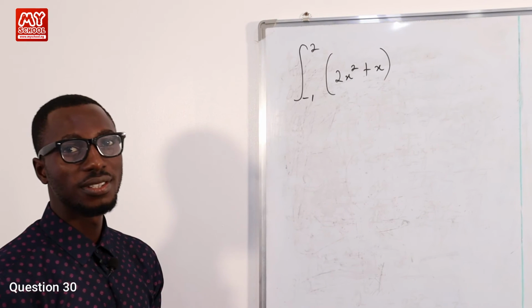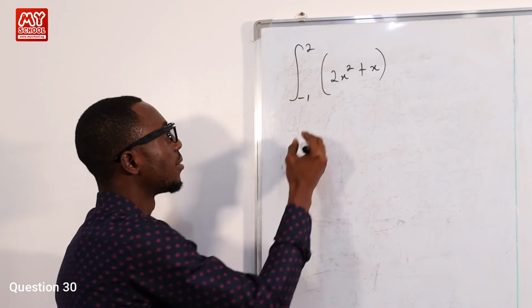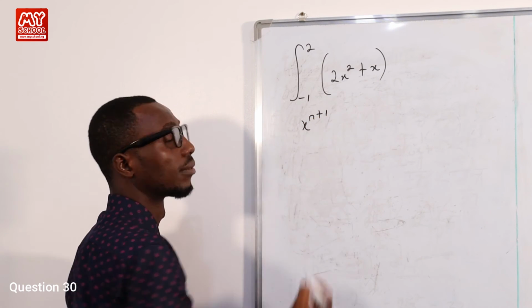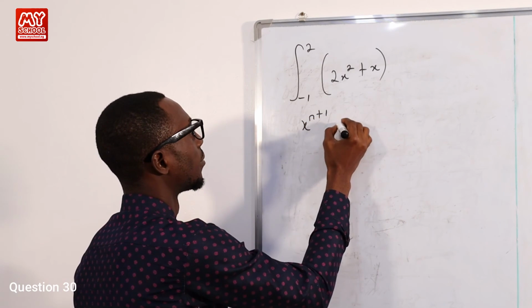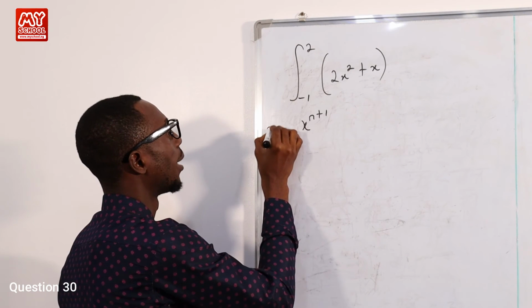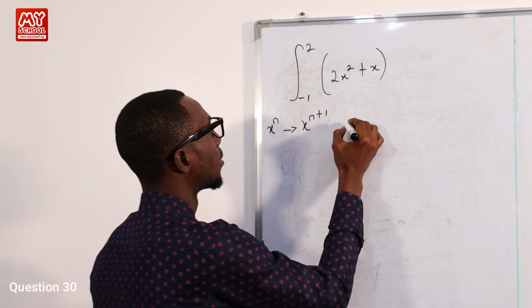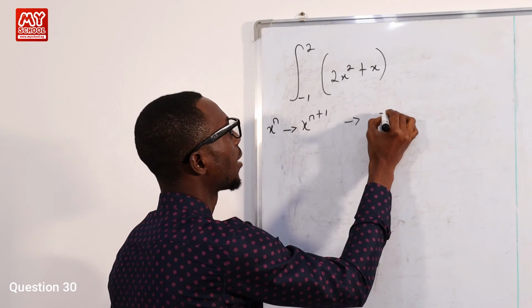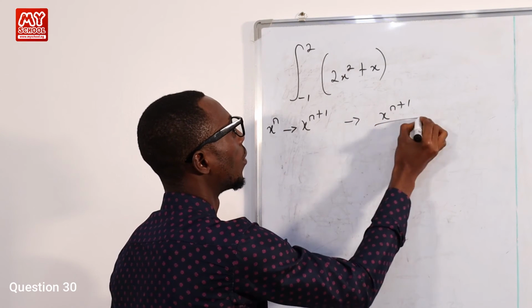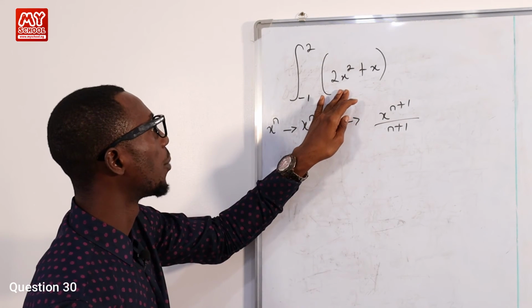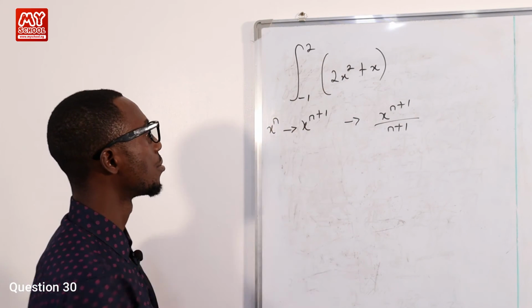So in integration, this is what we should have at the back of our minds. Given x raised to power n, once you integrate, it becomes x raised to power n plus 1 over n plus 1. So from here, we can see that our n is 2.